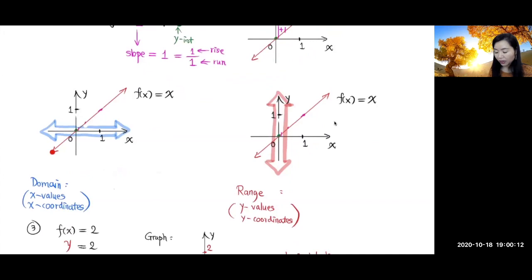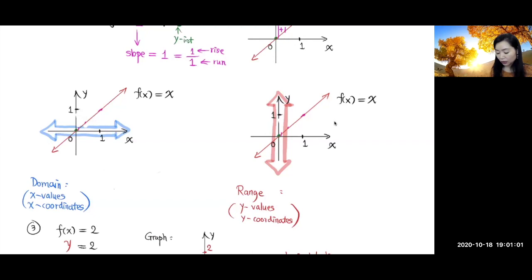Now, looking at the graph here, we can tell the domain and also the range. The domain, remember, is the set of all possible x values, all possible inputs. So in this case, we look at the x coordinates for all the points on this graph. This point has x coordinate 0. This one has x coordinate 1. And if you take any point and project it to the x-axis, you see every number on this x-axis is an x coordinate for some point on the graph.